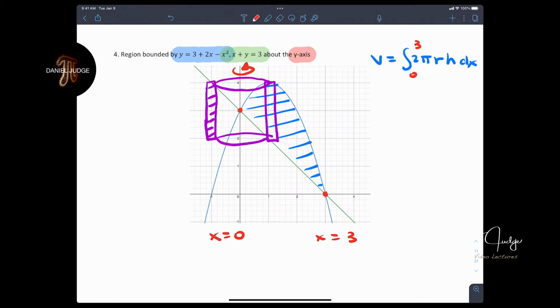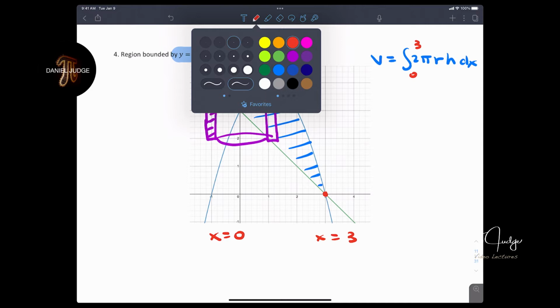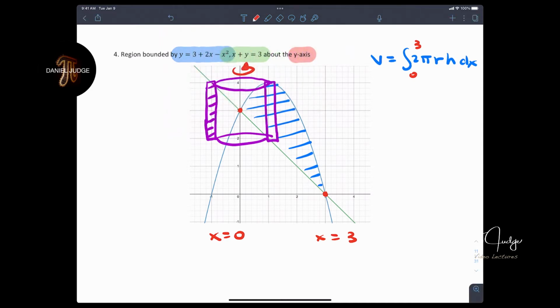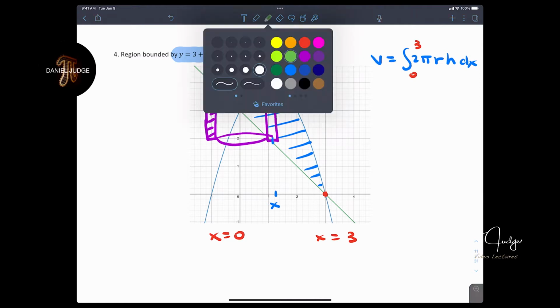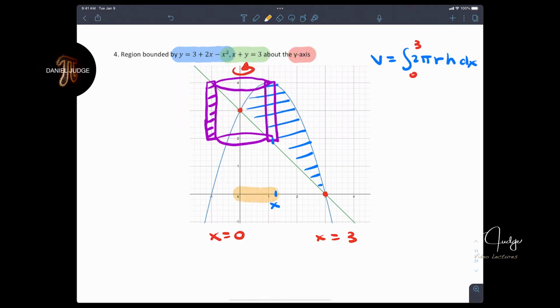Now again, the key for this question is finding the radius and the height of your cylindrical shell. So as you can see here, for your radius value for that shell, the radius is this distance from 0 to x.